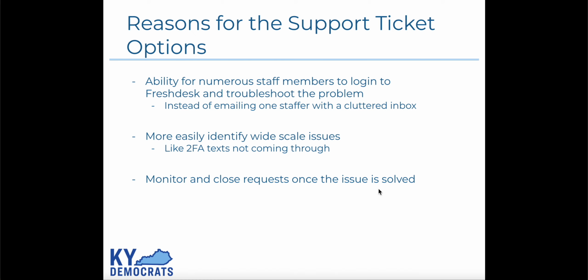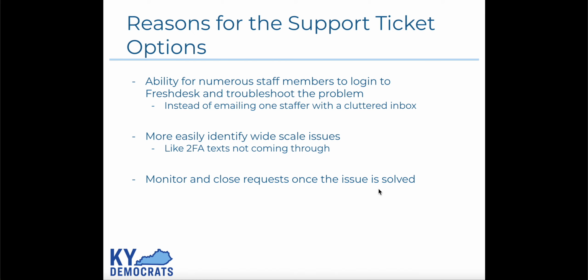It's also very, very helpful for identifying widespread issues. So if Van's two-factor authentication texts aren't coming through, putting that into the help desk is going to be a really great place for us to know that and push that up to the DNC and Van team. Like, hey, I'm getting X amount of users that aren't getting these texts.